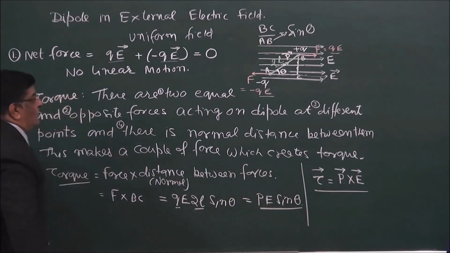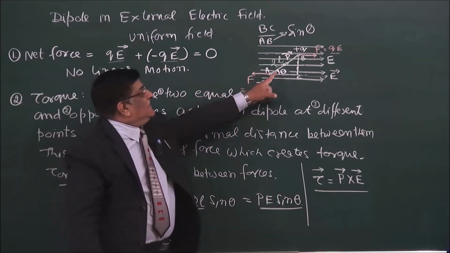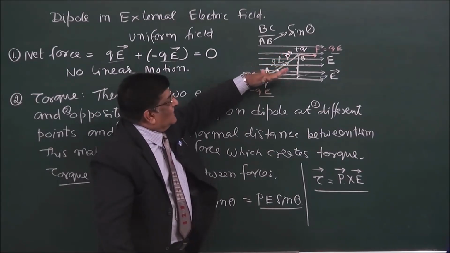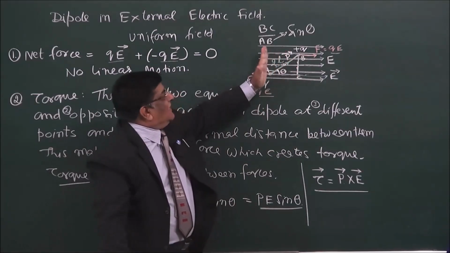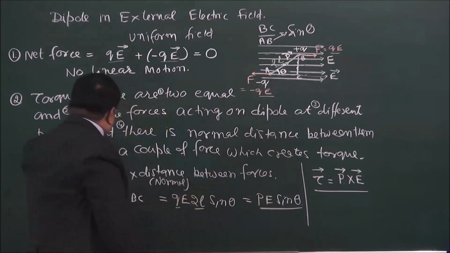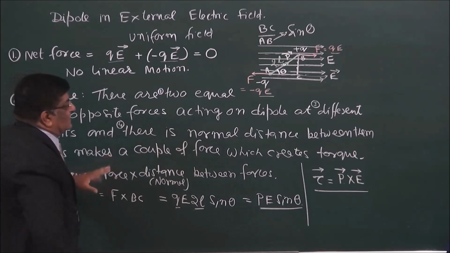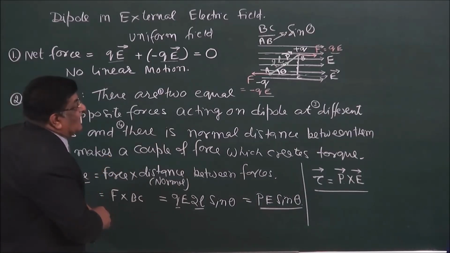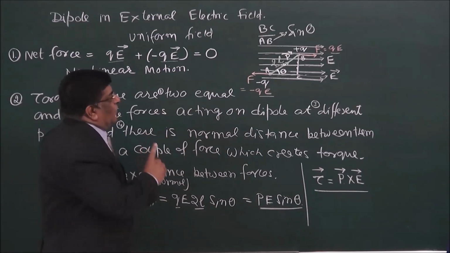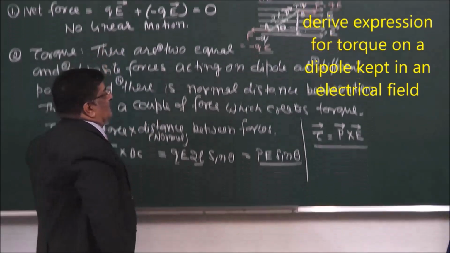Now, this theta, if it acquires different angles, 0, 90, 180, 270, then what will happen to the torque? How will there be changes in the torque? That we can see, the different conditions of torque at different angles.